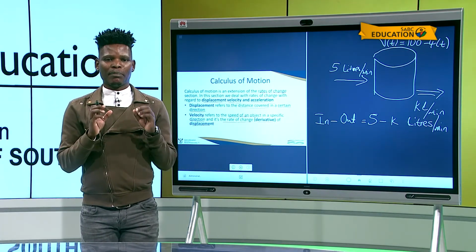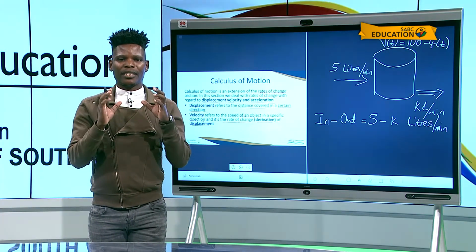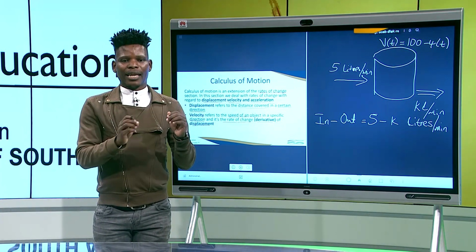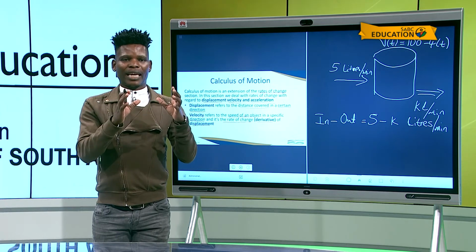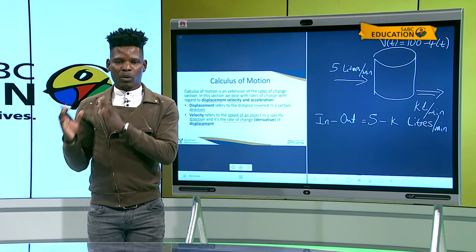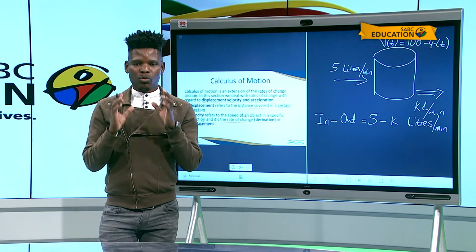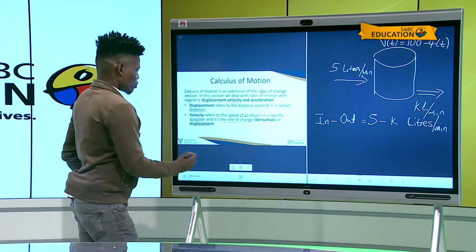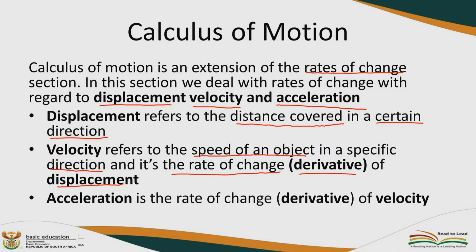What does it mean? It means that if I am given an expression for displacement, if I take the derivative of that expression, that will give me an expression for velocity. That is very, very important to what we are going to be doing. All right, so we also look at acceleration. Acceleration is the rate of change, that phrase is coming back again, the rate of change of velocity, but we said rate of change is the derivative.